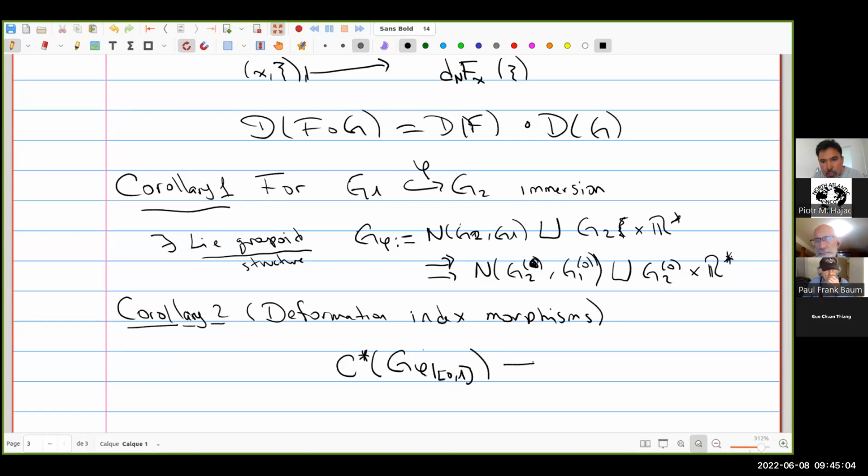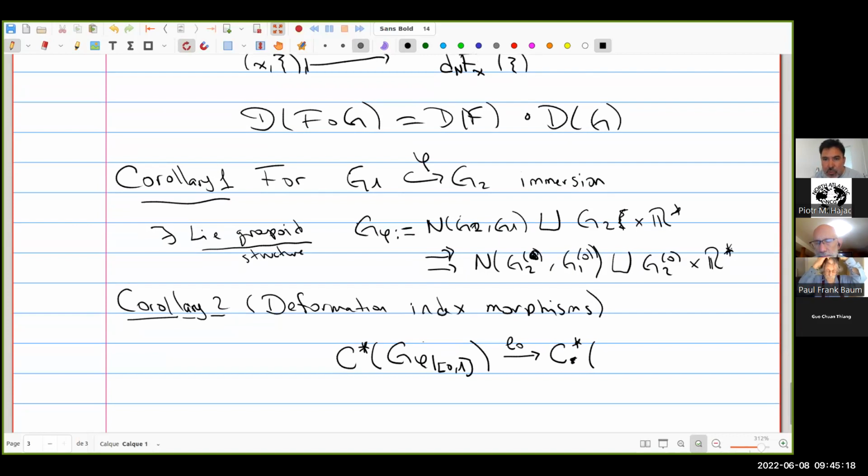And then you can show that there is a short exact sequence of C-star algebras. In the groupoids I will take maximal or reduced completions, it's not important, but in general one has to take some care about completions. In principle, these are maximal completions.